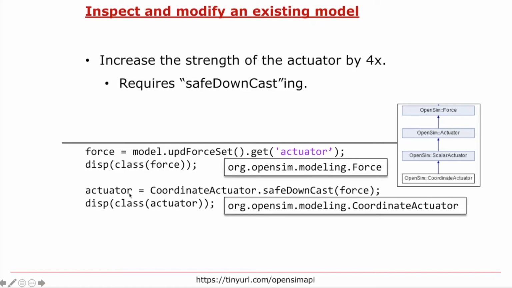It would return an empty object, indicating that you were wrong in trying to safe downcast the force into a point actuator. I don't know if that's a fully satisfying answer, but hopefully that's a little bit more useful background. Yeah, it's an intricacy of C++, which the OpenSim API is developed in.